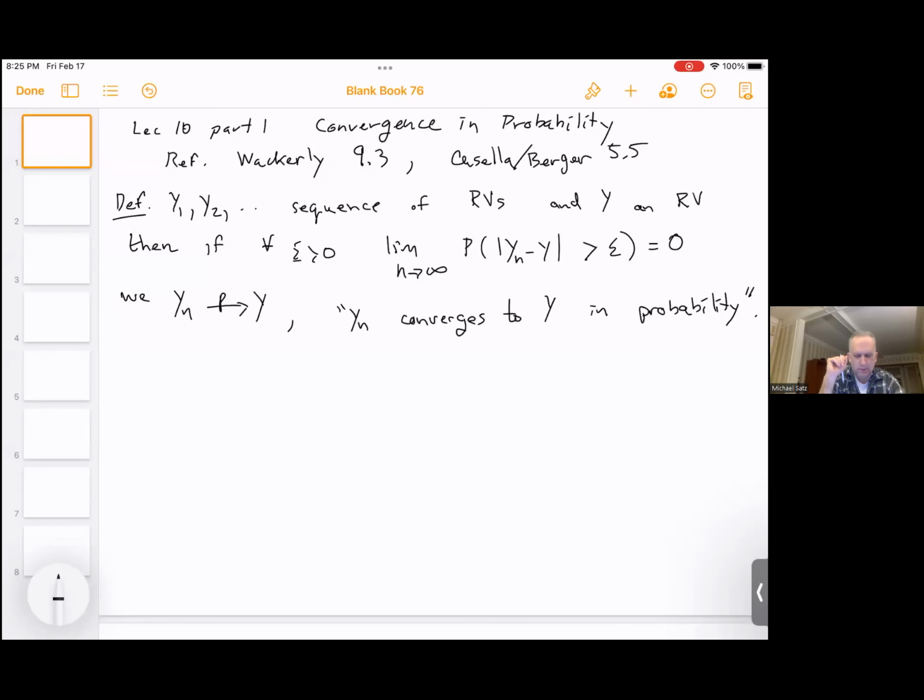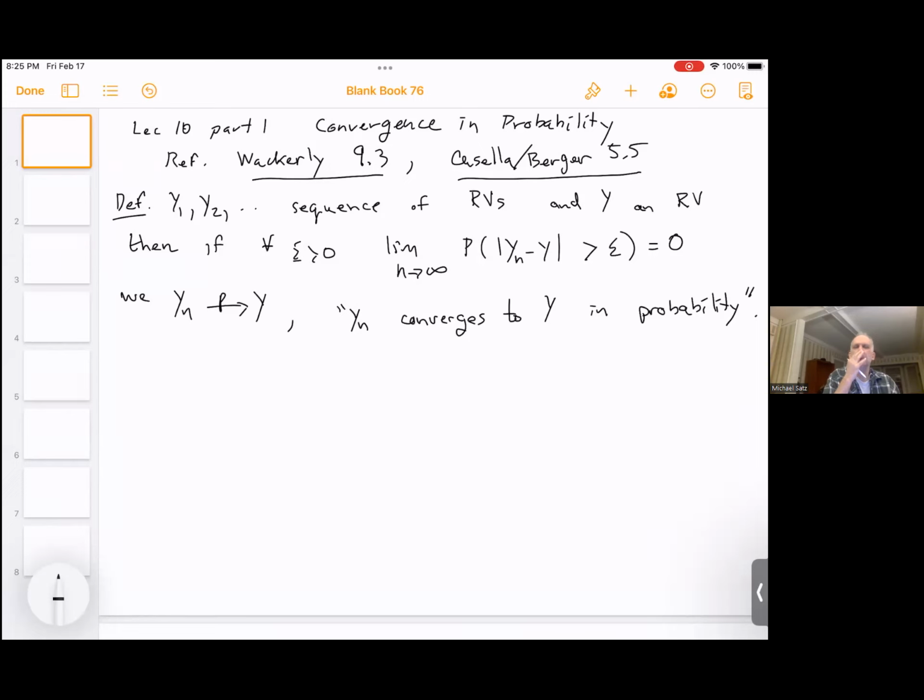Okay, hi. So a couple videos on convergence of sequences of random variables, usually in our context estimators. These are the references. Mathematical statistics, not sure which edition, 9.3 called consistency, and Casella and Berger, Statistical Inference, section 5.5 called convergence concepts.